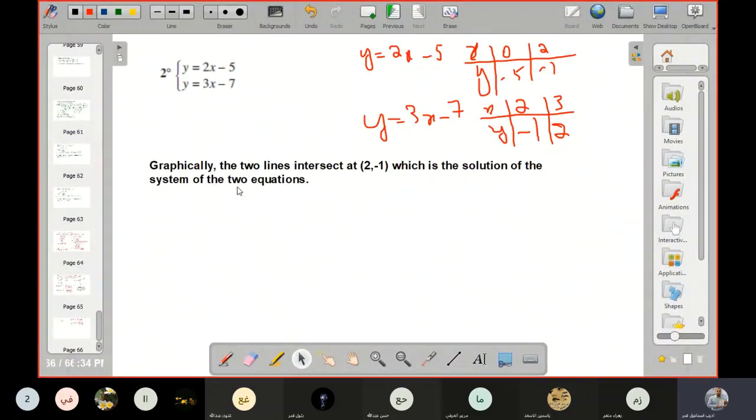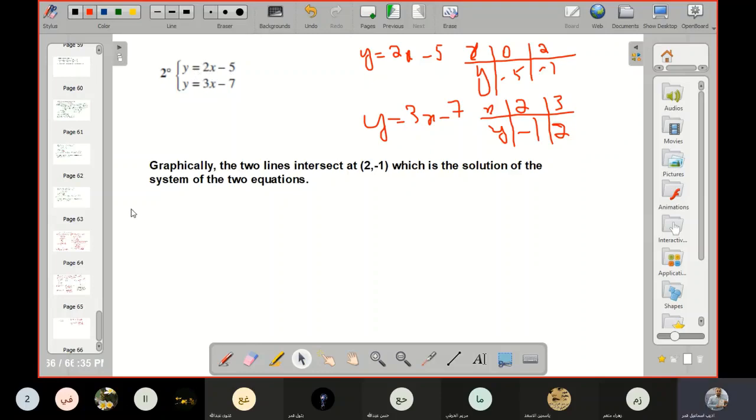Now, to verify if our work is true, we substitute the coordinates of this point 2, -1 in both equations. Since this point belongs to the two lines, then it should satisfy both equations.